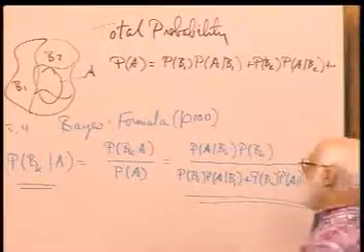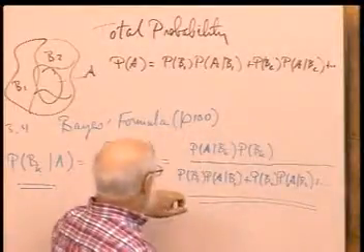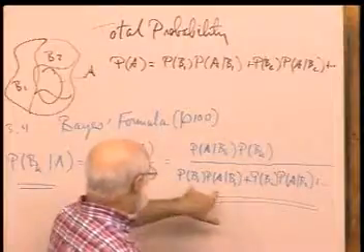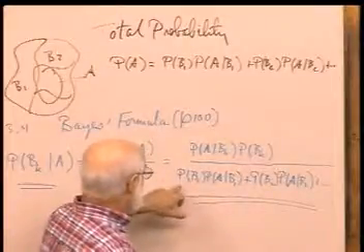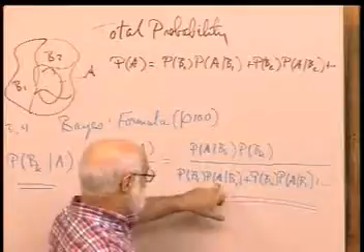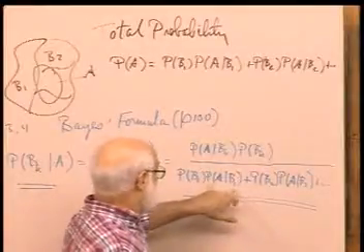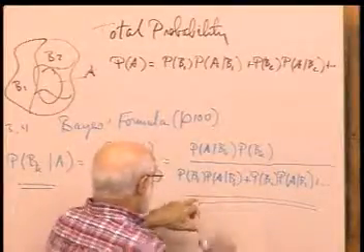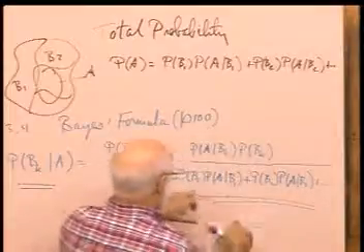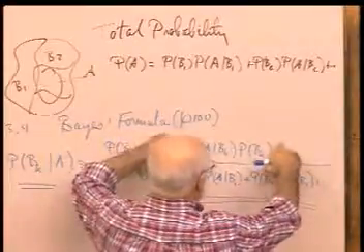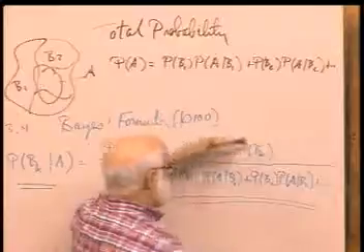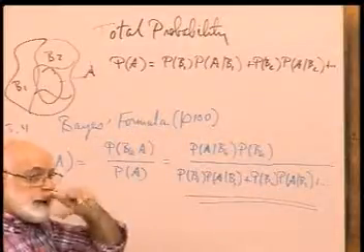Notice that in this formula, the denominator has the sum of terms of the form probability of B sub i times probability of A given B sub i, and that's summed over all i, 1, 2, and so forth. So in fact, the term in the numerator is exactly one of the terms in the denominator. So that'll always be true.